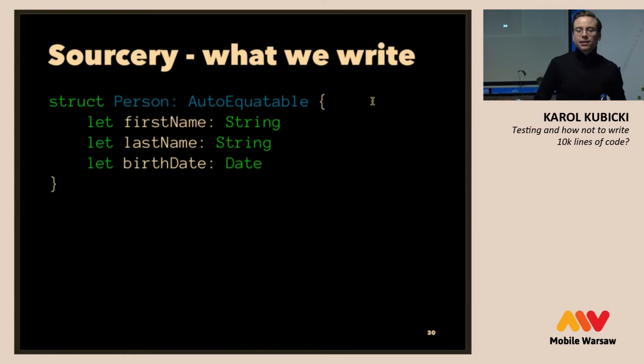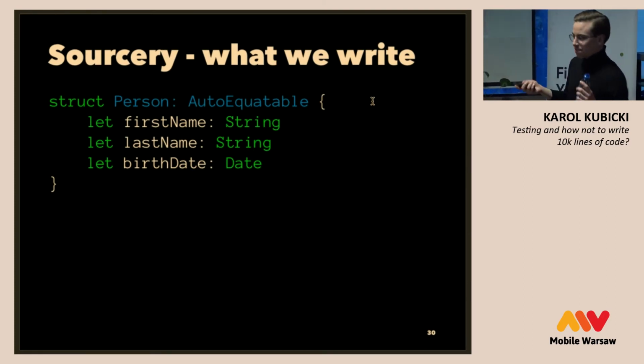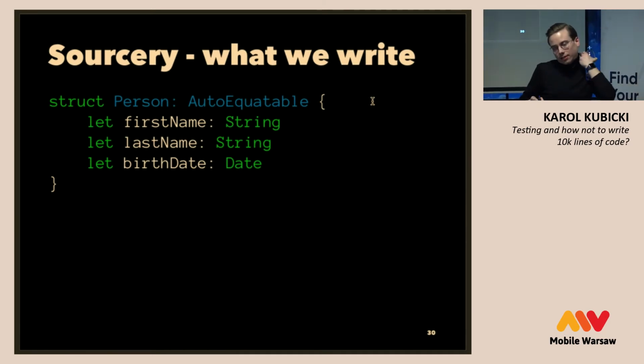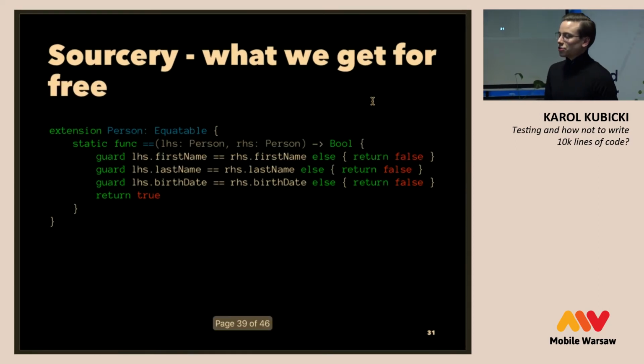A little bit outdated example of how Sourcery works, but it shows the main principle and the main use case of what it saves you from. It's implementing an Equatable protocol for structs, for example. So if you have a person with 3 properties, one thing we need to do is to say that it's AutoEquatable, and this is the protocol from Sourcery, and Sourcery will check our code, look for these AutoEquatable protocols, and will generate this code.